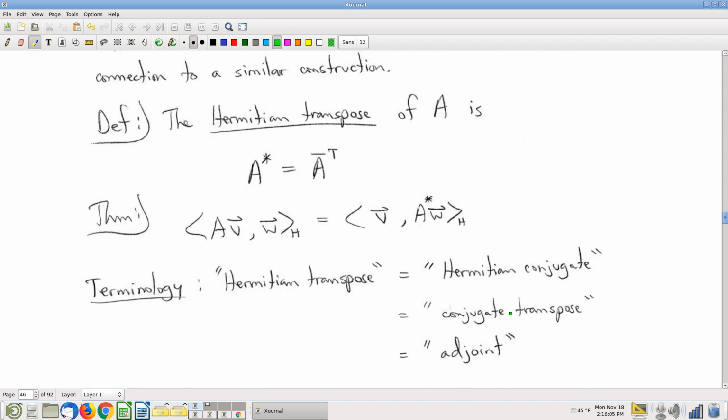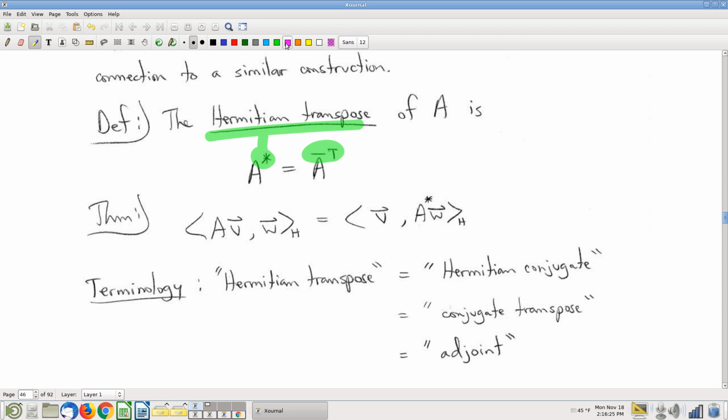It's called the Hermitian Transpose. Here's the formula for it. We use this star to represent the Hermitian Transpose. And the formula for the Hermitian Transpose is you just conjugate the transpose. And it turns out that works just fine.